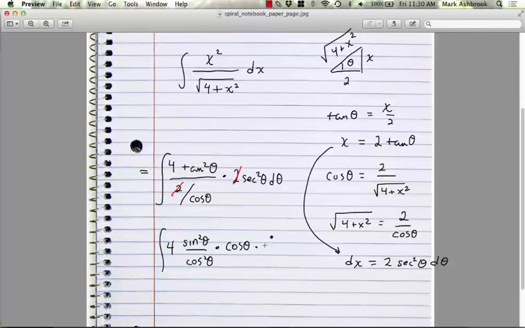And then secant squared is 1 over cosine squared. So in the end, what do we have? 4 sine squared, and how many cosines do we have in the denominator? 3 cosines in the denominator.